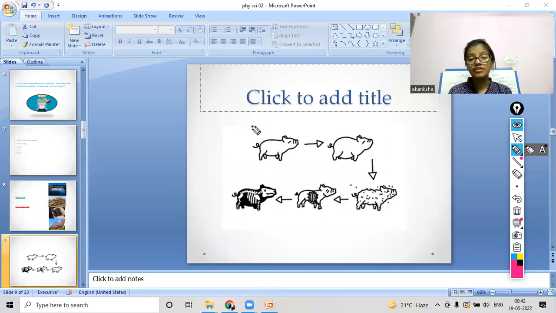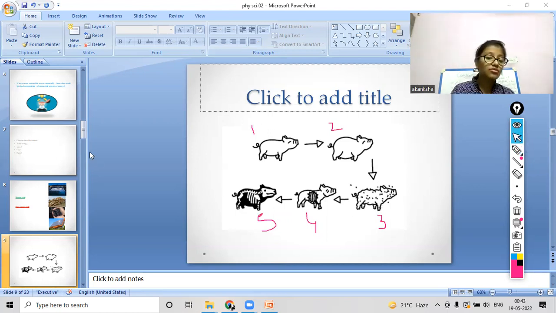First is this picture, second is this, third, fourth, fifth. So what did you observe in the picture? Yes, very good. You can observe that the pig is dying and it is slowly and gradually decomposing.